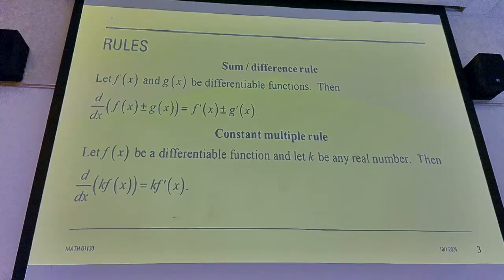Now this is where things become different. Looking at this, first instinct would be that the derivative of a product of functions would just be the product of the derivatives, which is incorrect.